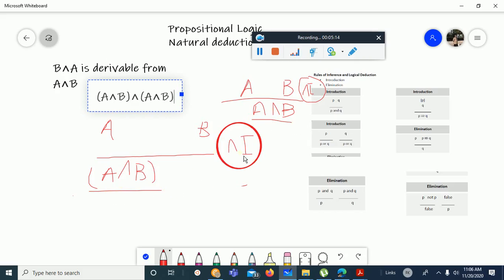So by again using the AND introduction rule, we can derive the above statement. So this is natural deduction. We have deduced this formula using the fixed rules. Let us do some other examples.